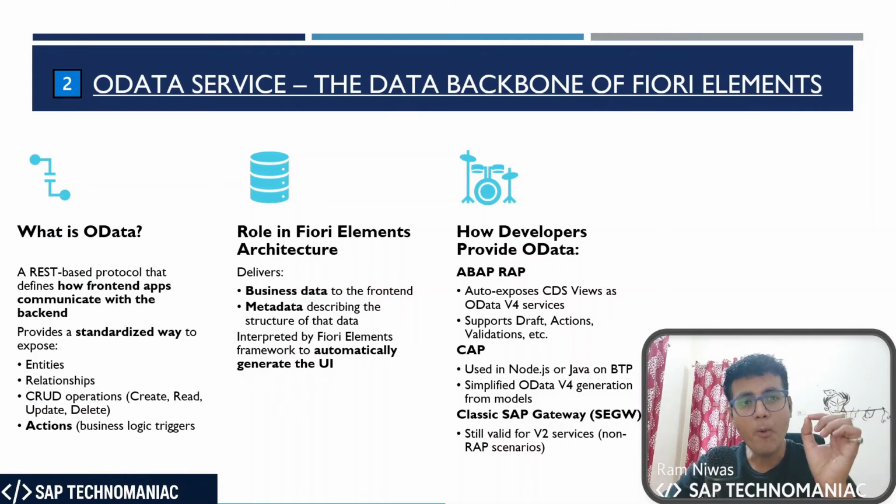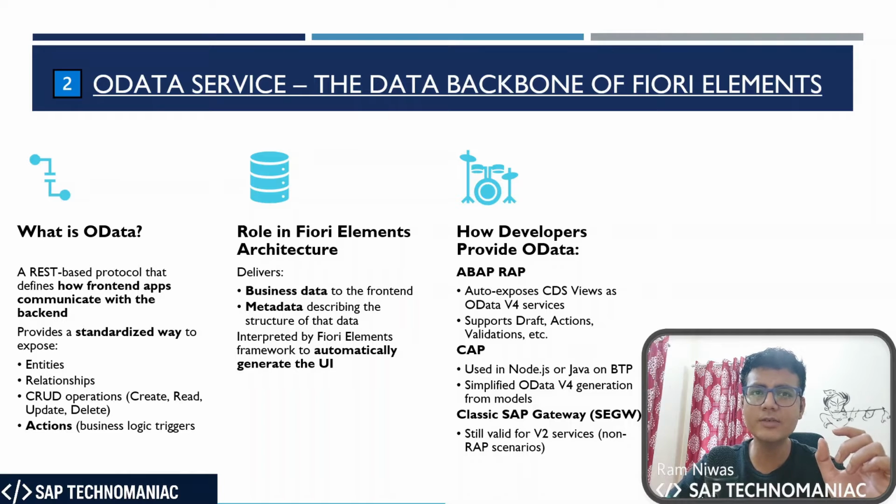The second important pillar or building block for our SAP Fiori Element application is the OData Service. What is OData Service? OData is a RESTful API which helps your Fiori application interact with the backend to get the data or modify the data.